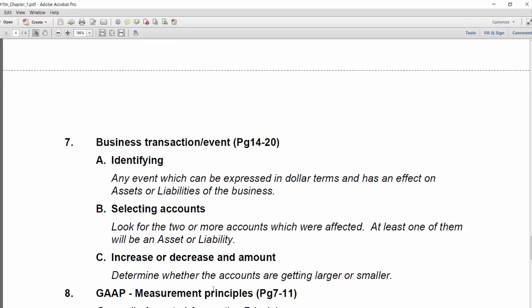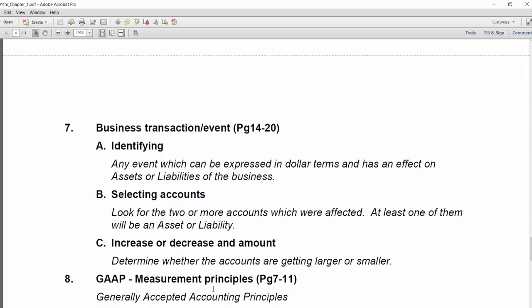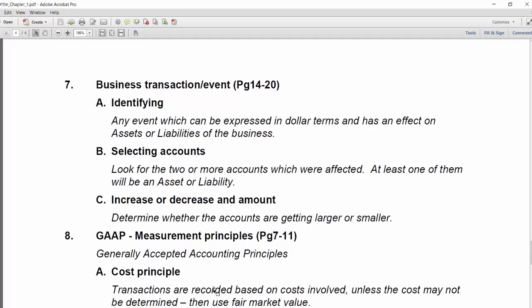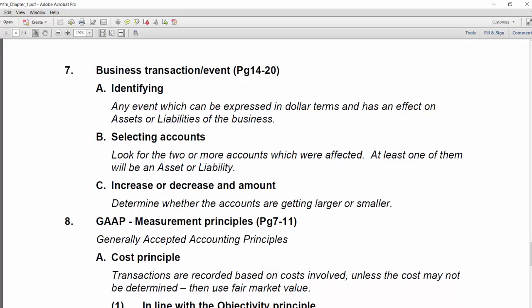Last couple things here. GAAP, or generally accepted accounting principles, are things that guide the way we do accounting. One of them is that we use the cost principle. So absent any other guidance to the contrary, we record transactions based on the costs involved, unless the cost can't be determined, and then we use what's known as fair market value as a substitute.